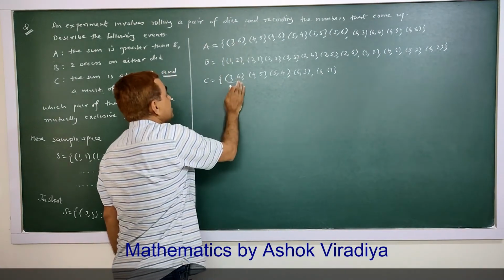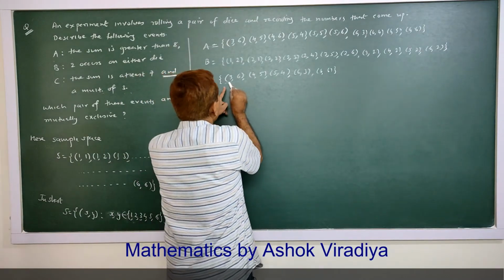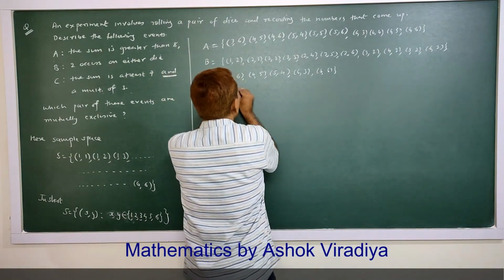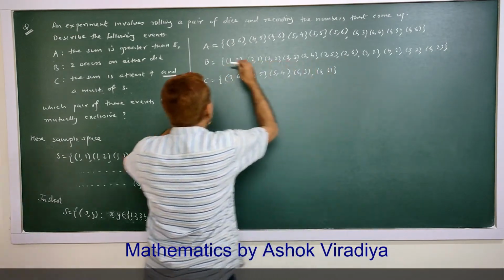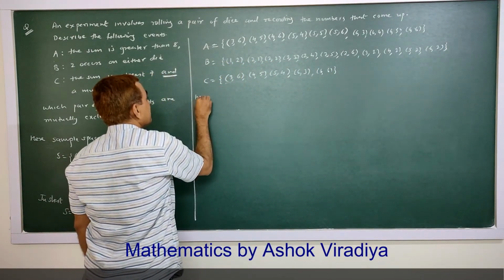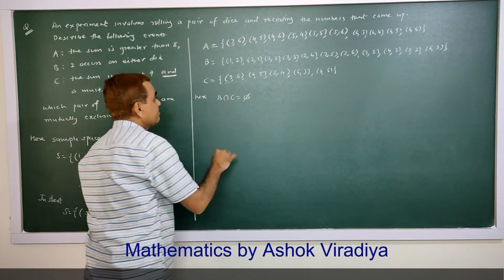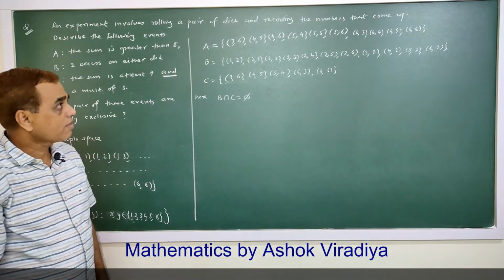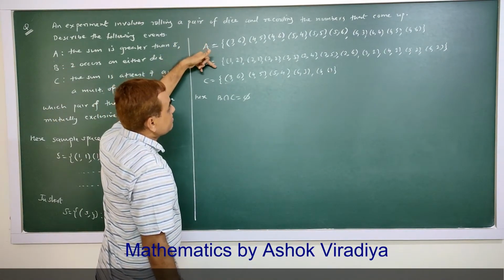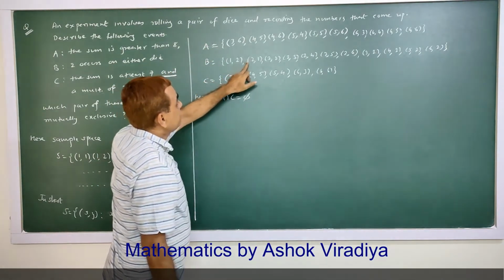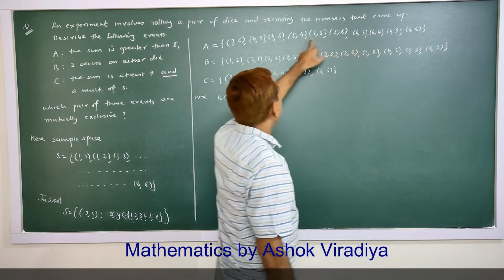Check in B and C. In B and C, see here, nowhere there is 2 and here everywhere there is 2. So nothing is common in B and C. Here B intersection C is empty. Check A and B. In A and B, here everywhere there is 2. Here nowhere 2.